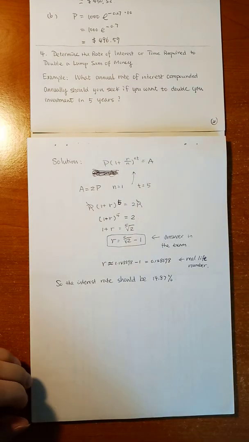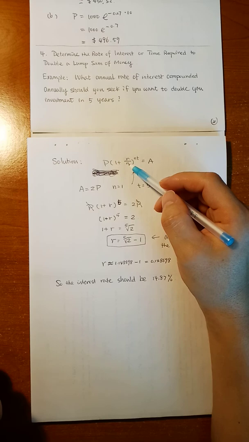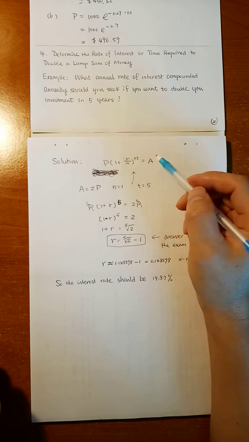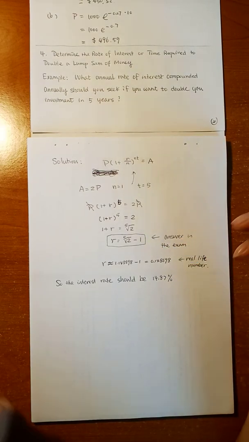Okay, so once you know the number of years, you expect it compounded annually, and you expect to double the investment, you need an interest rate like this.